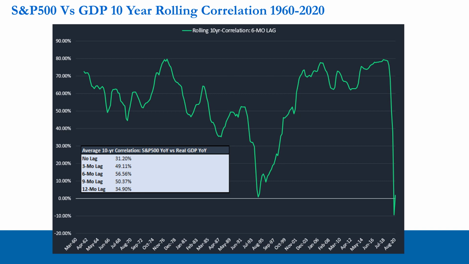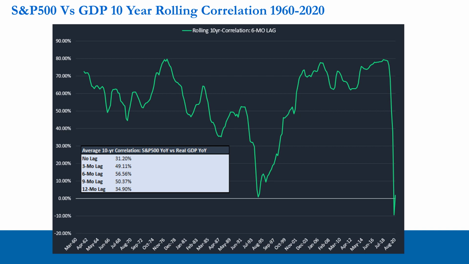This gives us a better understanding and a better idea, therefore giving us a better probability of knowing what to do when trading stocks and trading the stock market as a proxy for predicting GDP. We'll come on to that detail a little bit later. But for now, we know definitely that on a 10-year rolling basis, the 6-month lag is the most statistically significant time horizon.